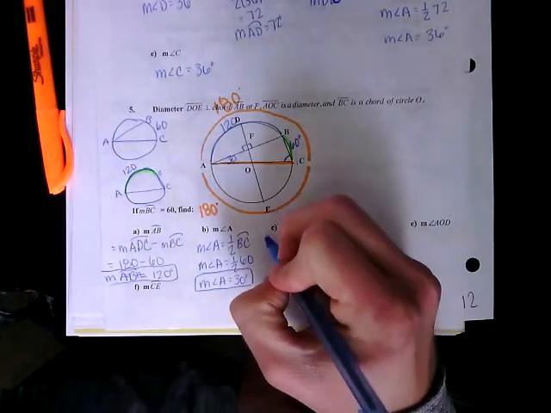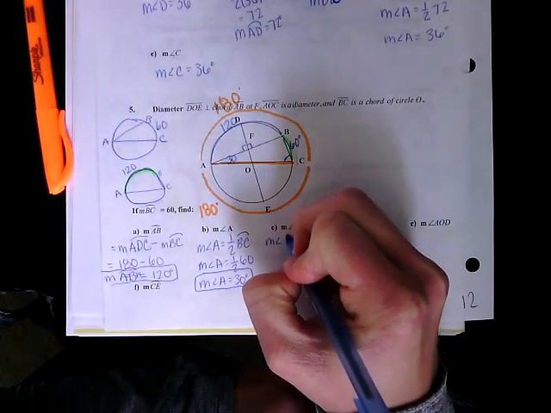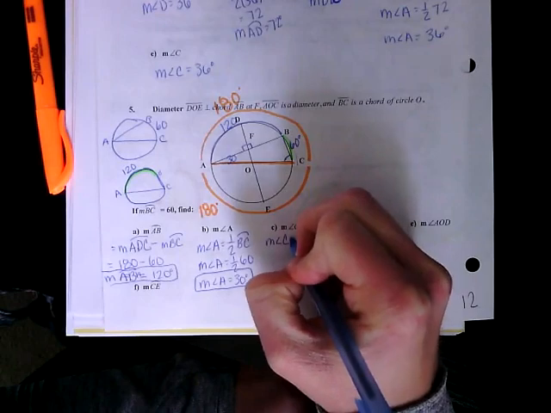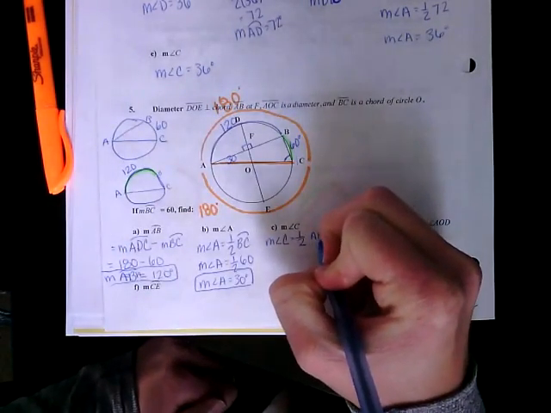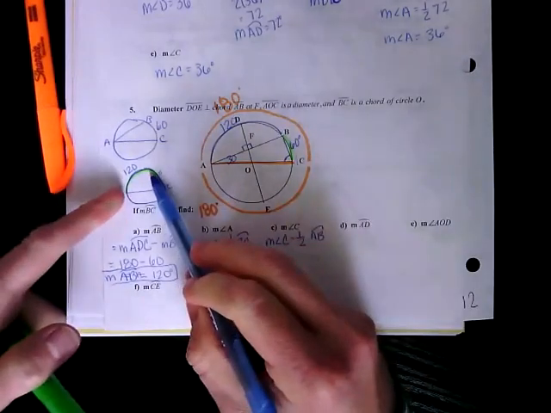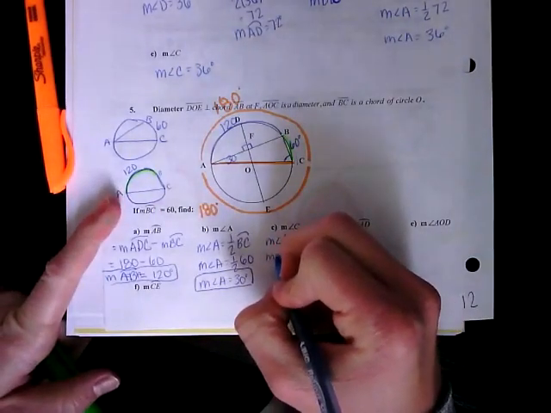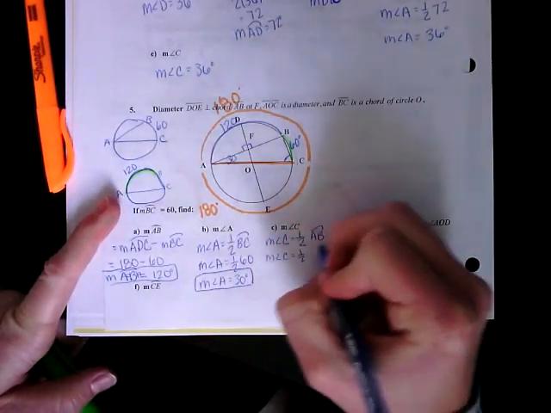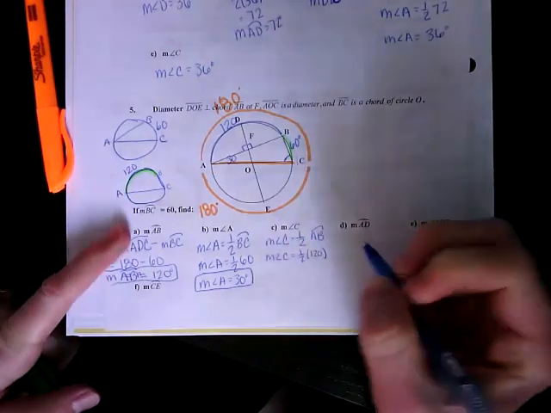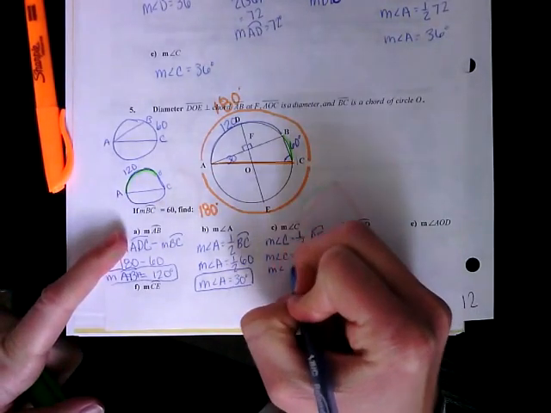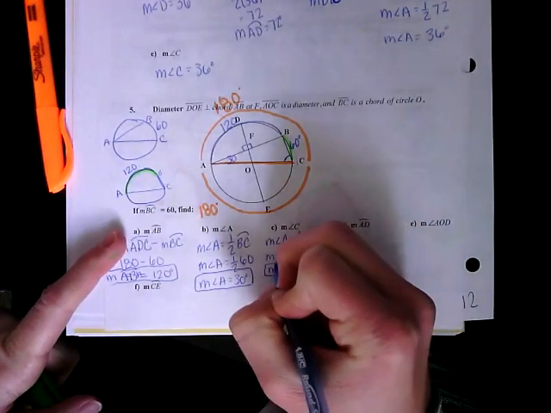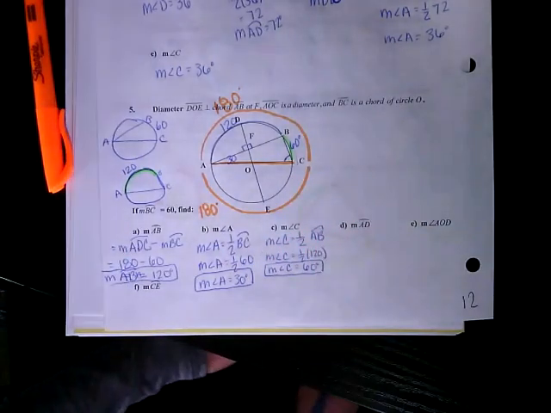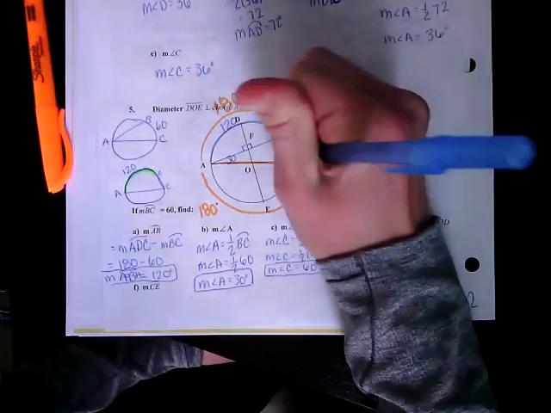Okay, so now again, the measure of our inscribed angle C is equal to half its intercepted arc, which is AB. Now AB, like we just said, is 120. So 1/2 of 120 is 60. So the measure of angle C is equal to 60. So this is 60 here.